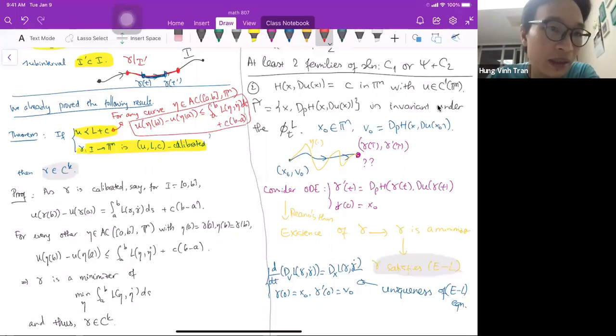So it just means that the value of U acting on the endpoints of the curve is dominated by the action function of L plus C.